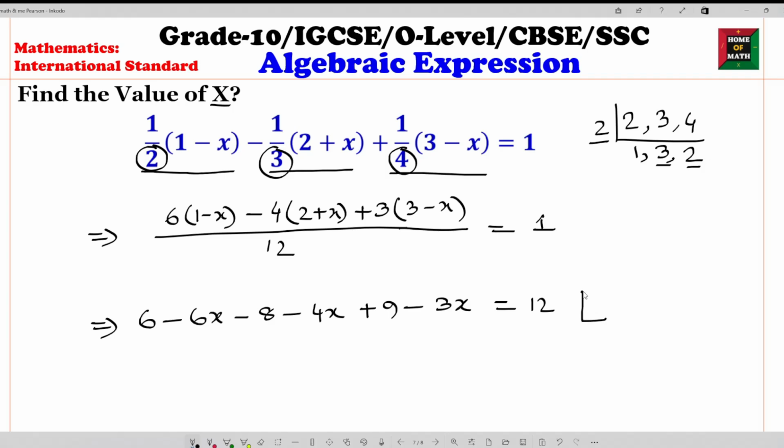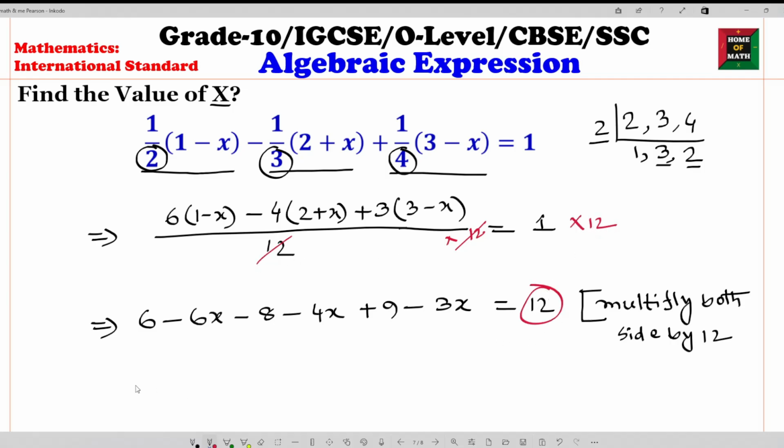And here we multiply both sides by 12. Once we multiply by 12, this 12 and this 12 cancel out and the right side is times 12. So here is 12.